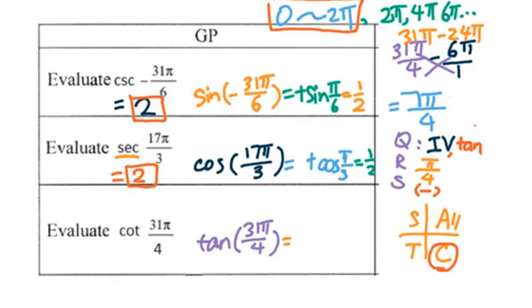So you will get negative tangent pi over 4. That's negative 1. So the reciprocal of negative 1 equals negative 1. This is the final answer for cotangent 31 pi over 4.